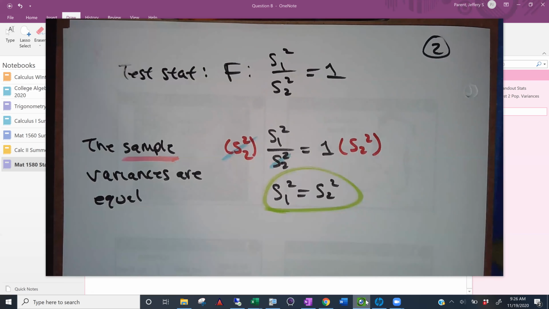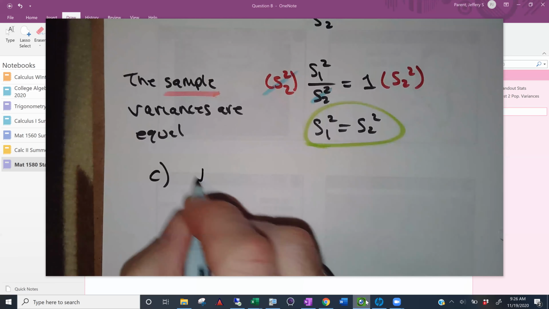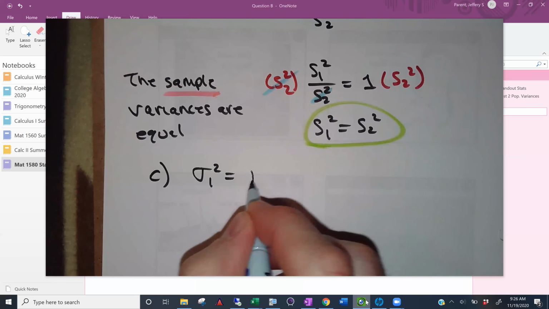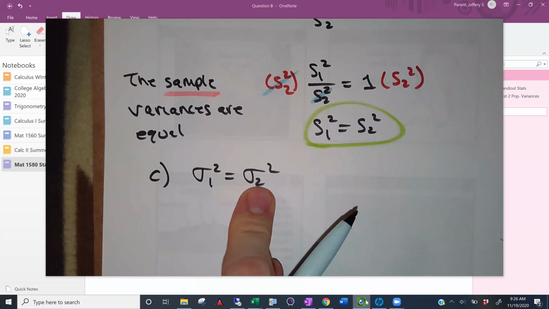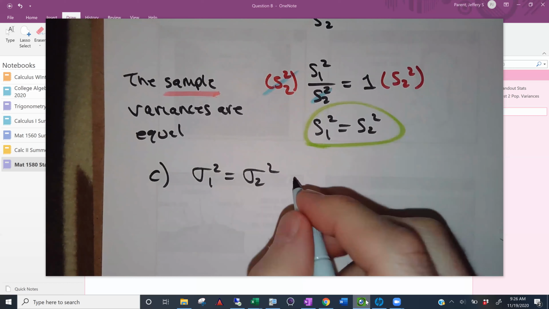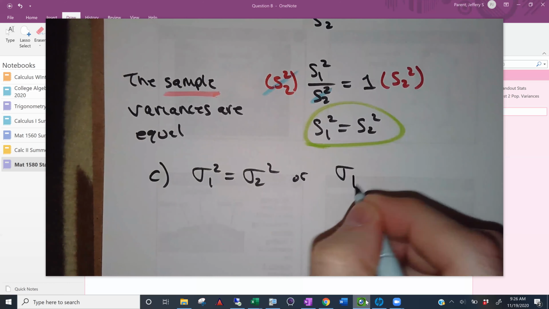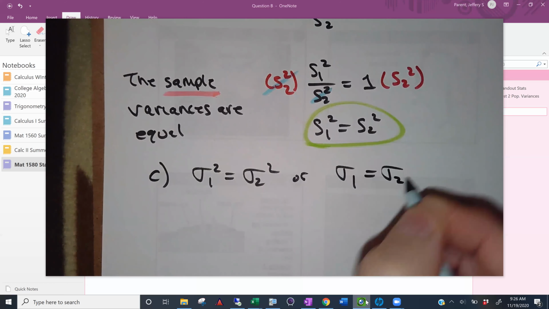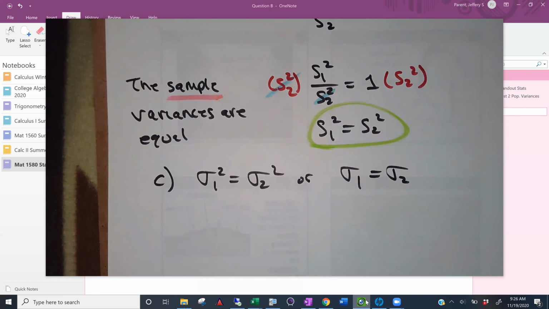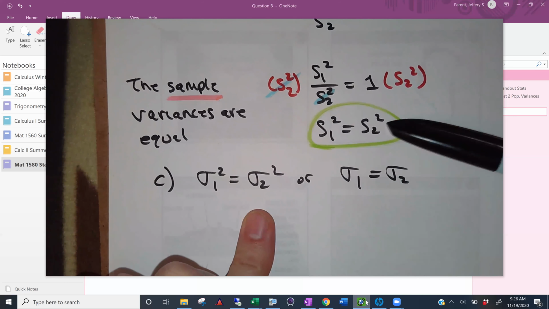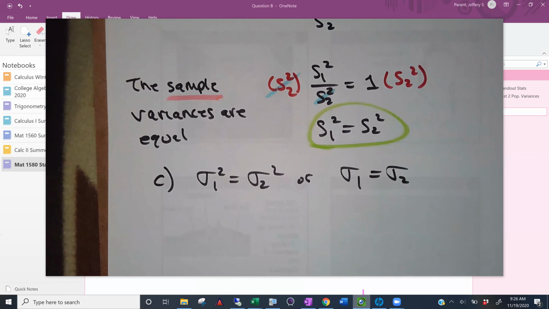The proper notation for that would be sigma 1 squared equals sigma 2 squared. That would be the population variances are the same, or you can also write the standard deviations are the same. But that's what C is saying there. It's talking about the population and not the sample. Remember, those two things are different.